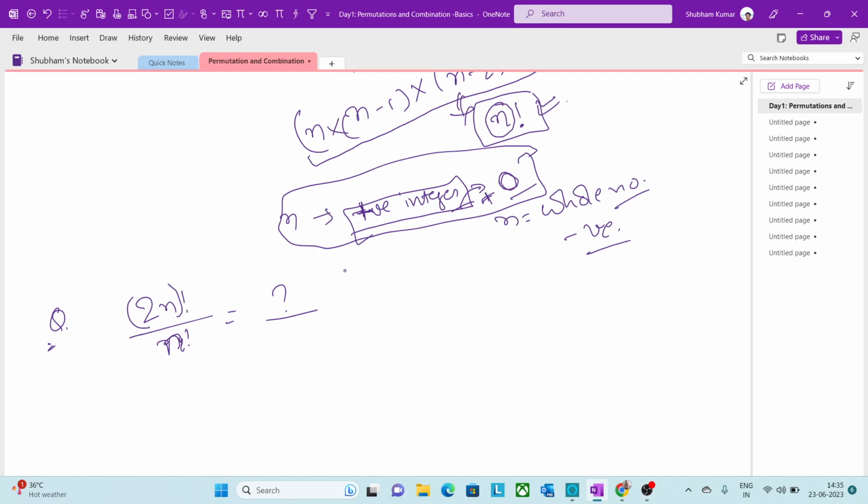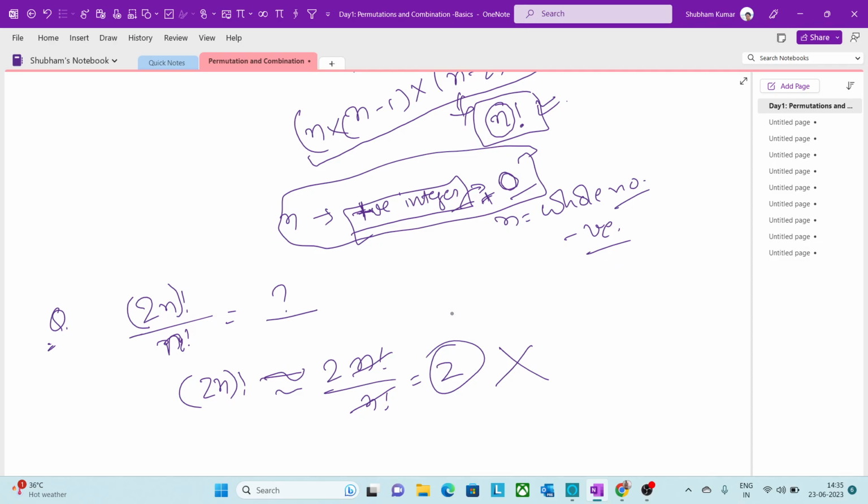Most of the people would make a common mistake, they think this (2n)! is equivalent to 2 times n!, and they will cancel and write it as 2, but this is wrong. That's why I gave a bracket.